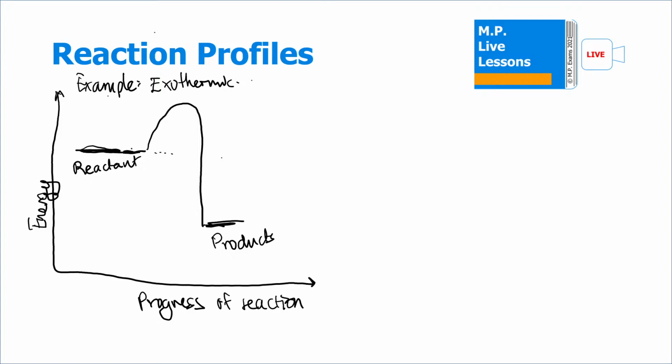Now, if we draw a dotted line, this little height here was the energy needed to break the bonds, because that is activation energy.